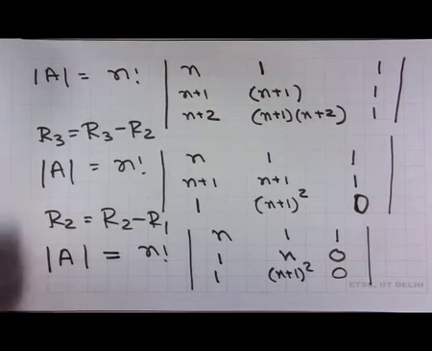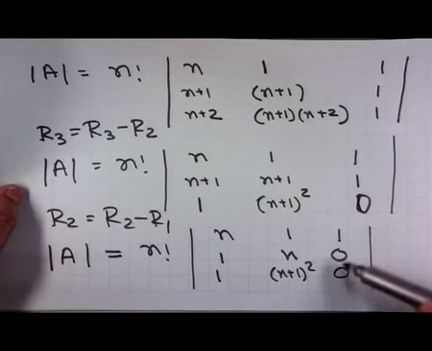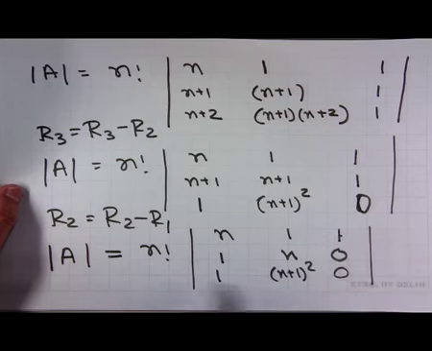Therefore, now if we expand along the third column, we have only 1, rest are 0.